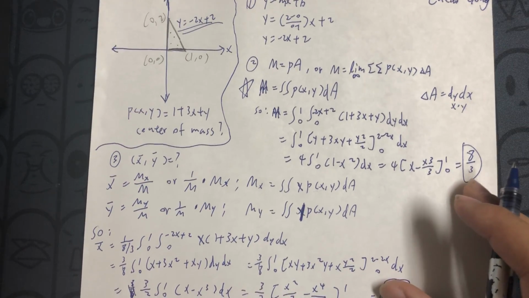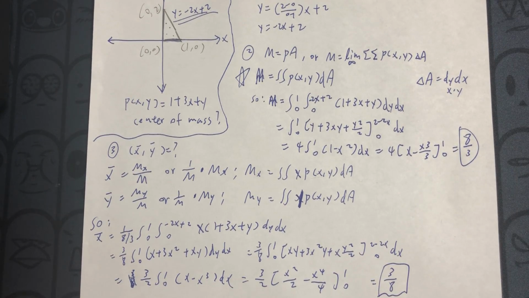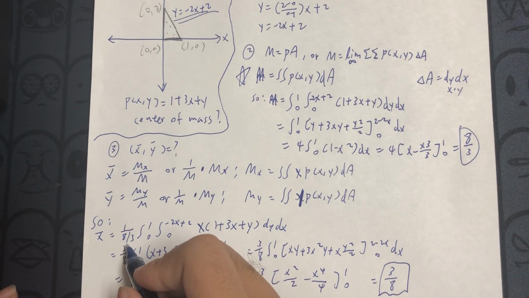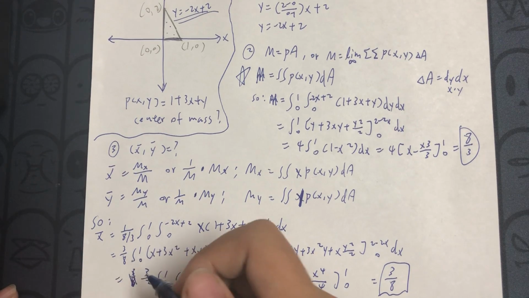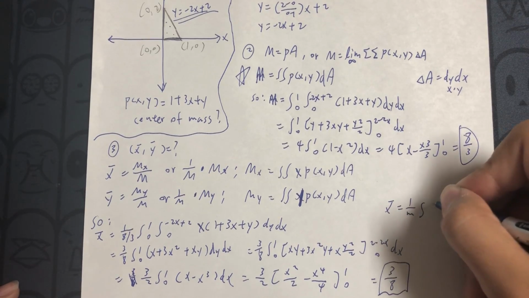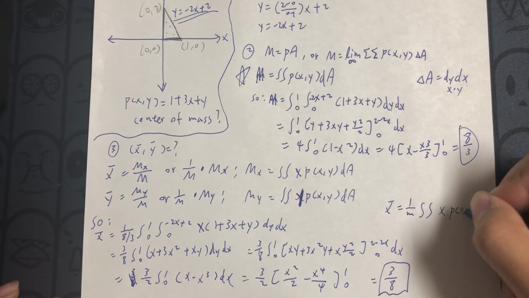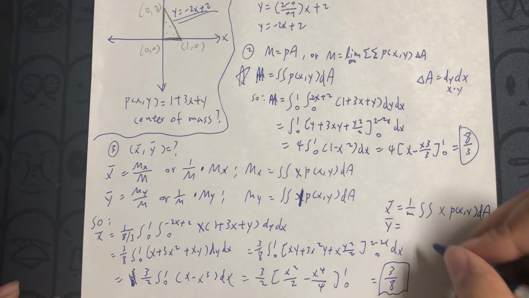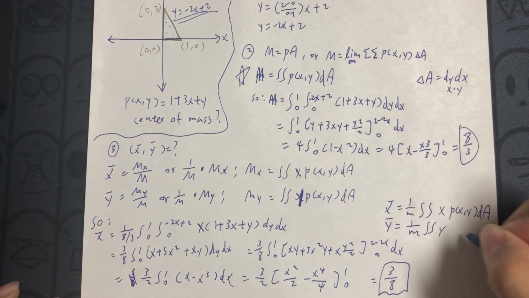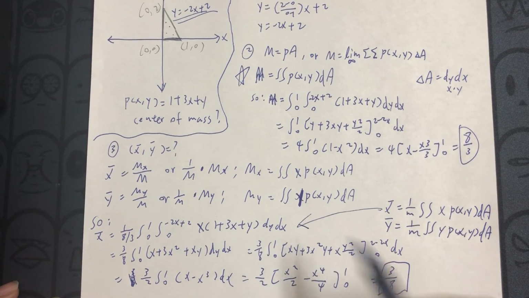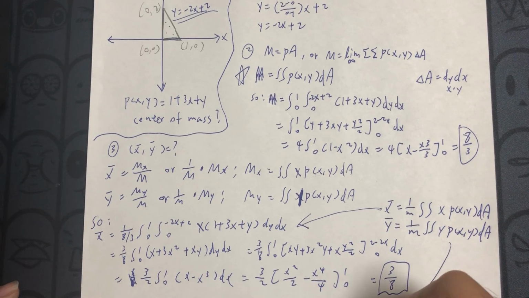So now we can calculate the center of mass on the x coordinate and the center of mass on the y coordinate. This is 1 over M. Same with the equation, I'll just write it down here: x equals 1 over M times the double integral of x times density delta A. So this equation is here, and this equation is here.